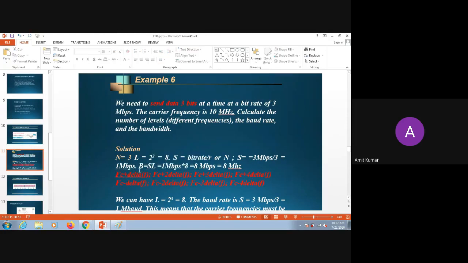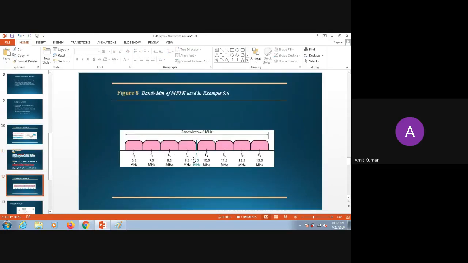If you see in this figure, FC plus delta F gives you 10.5, FC plus 2 delta F gives 11.5, FC plus 3 delta F gives 12.5, and FC plus 4 delta F gives 13.5. In the same way, FC minus delta F gives 9.5. So the difference between F4 and F5 is 1 megahertz. They have decided that every signal will be separated by 1 megahertz, and they have placed them in this manner.